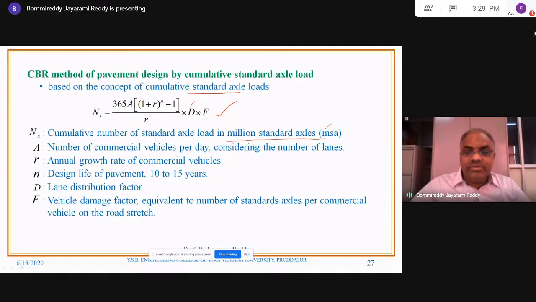You already know how to calculate the damage factor F, which you have seen earlier. That is to be computed. F is called the vehicle damage factor, equivalent to the standard axles per commercial vehicle on the road stretch.